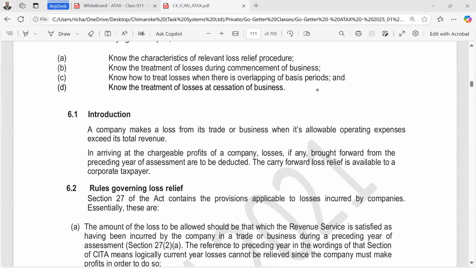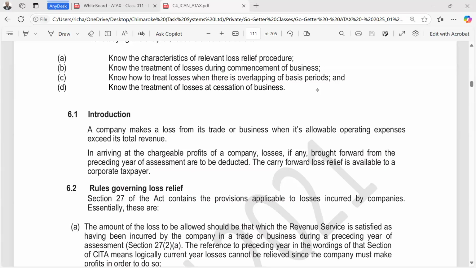Now, sometimes you may not set out to make a loss, but losses are sometimes inevitable. A company makes a loss from its trade or business when its expenses are greater than its revenue. Now, in accounting, you have two kinds of profits. We have gross profits and we have net profits.